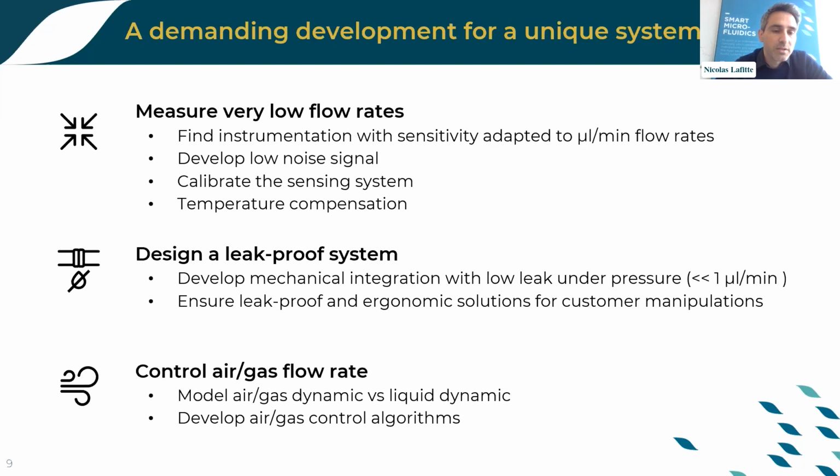This is done by our test bench at Fluigent. This design is also totally temperature compensated, since the flow rate of the air depends on the pressure and the temperature. So everything is compensated from these two physical parameters. So this is about the sensing.